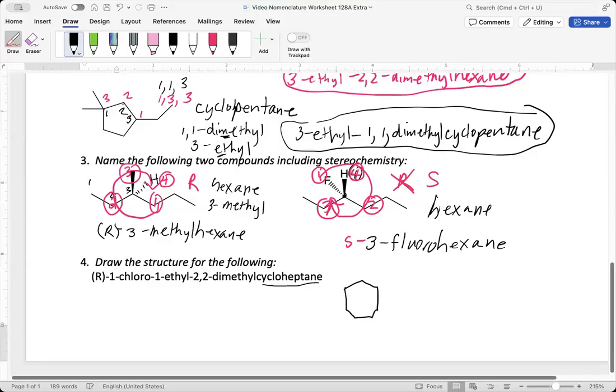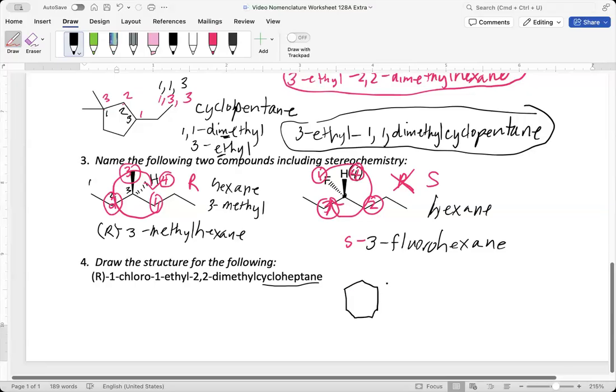There's my 7-membered ring. I've got 1, 2, 3, 4, 5, 6, 7 carbons in there. And then I'm going to look at these substituents. So at the 1 position, I have a chloro, and at the 1 position, I have an ethyl group, and then I have 2 methyl groups at the 2 position.